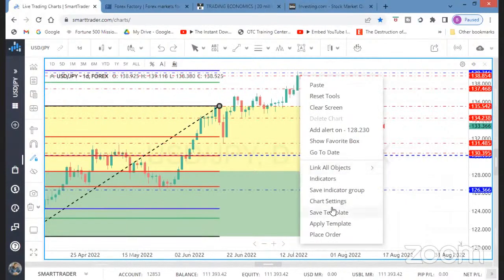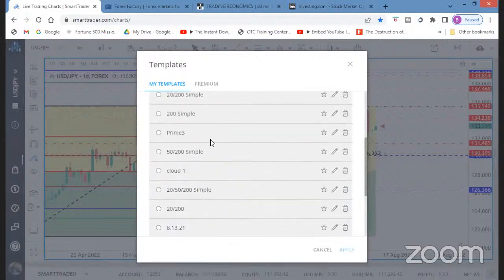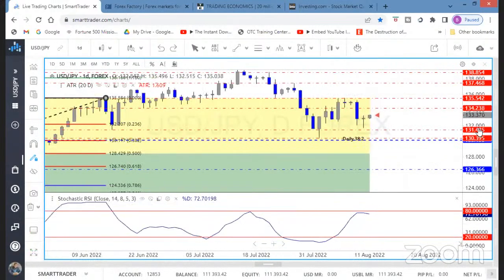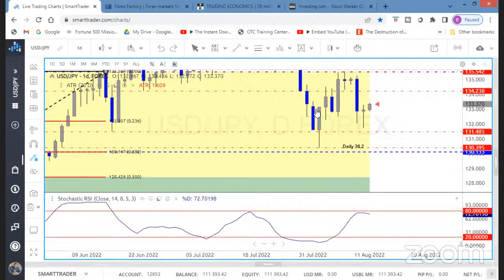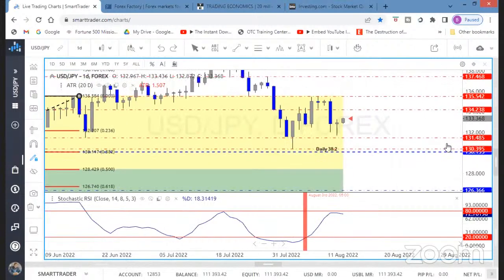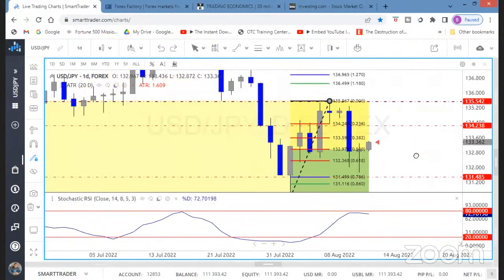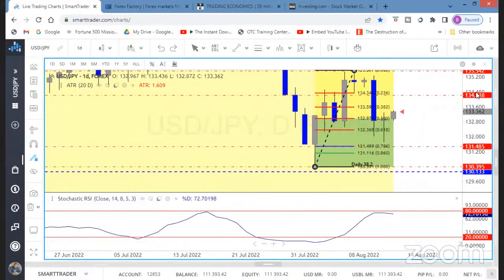So let me look at some here. We're not quite overbought. See how that goes. See what that wants to do.